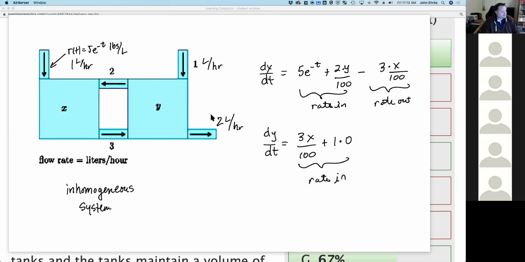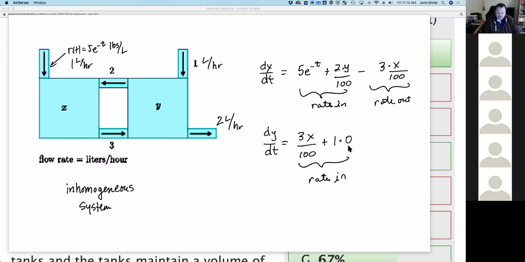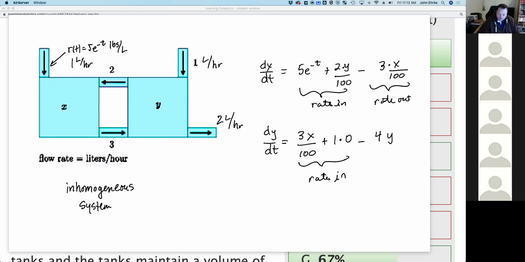And then the amount that's leaving is the 2 here and 2 here. The 2 that was positive inflow here is actually negative outflow over here. So it would be minus 2y there and minus 2y there, and you would end up with minus 4y over 100 leaving, because you're getting 2 over 100 there, 2 over 100 there, so a total of 4 over 100 y leaving.